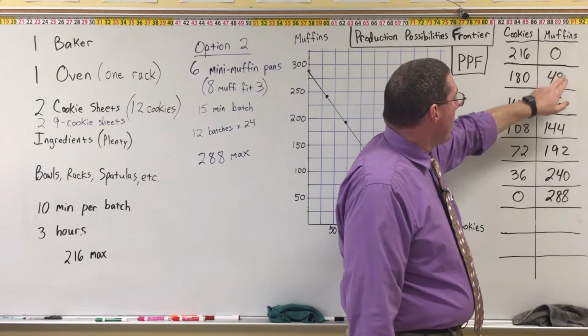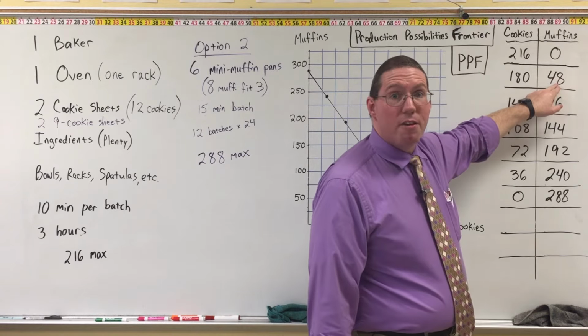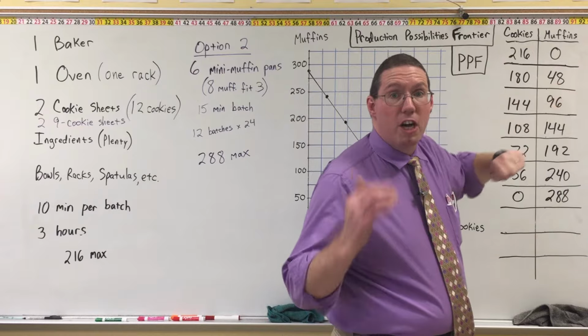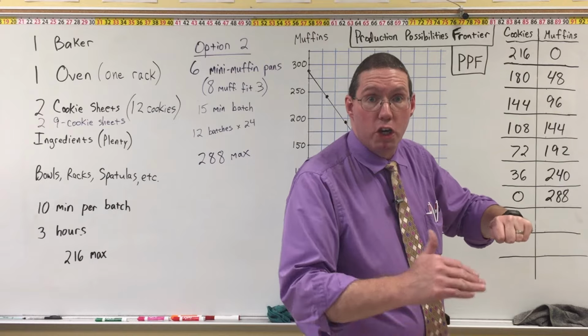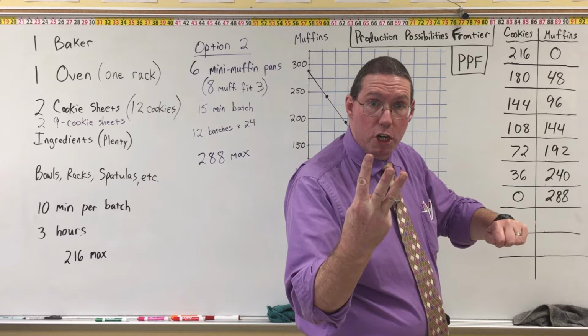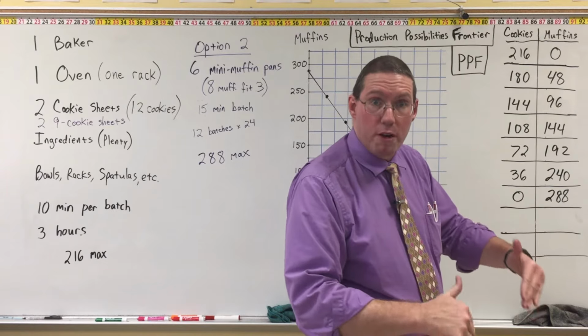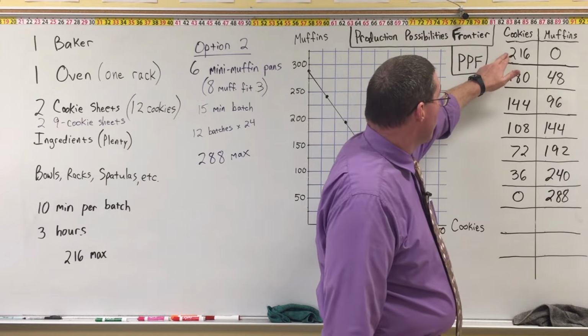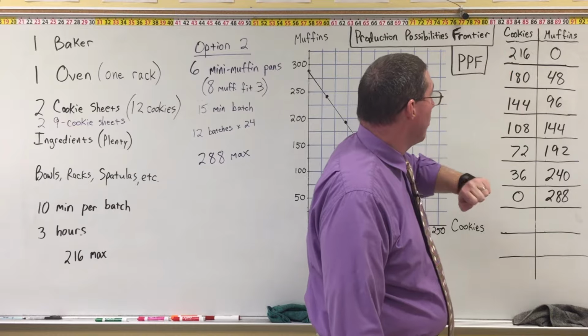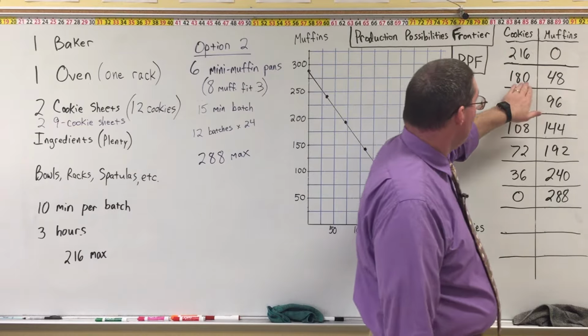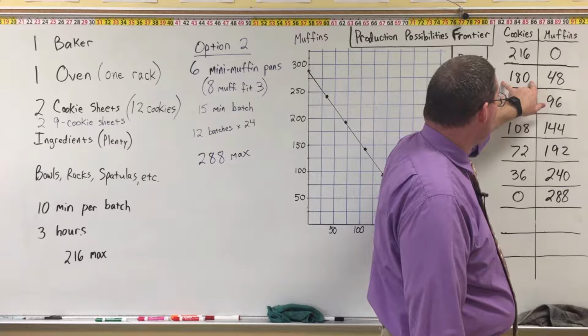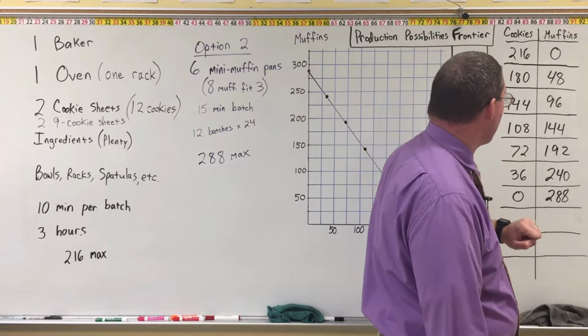Now, if they want to make 48 muffins, that's going to take 30 minutes. So they have to cut 30 minutes off of the cookies. That's 3 batches of cookies, so they have to cut down 36 cookies. Their cookies are going to go from 216 down to 180. So another possibility is they could make 180 cookies and 48 muffins.